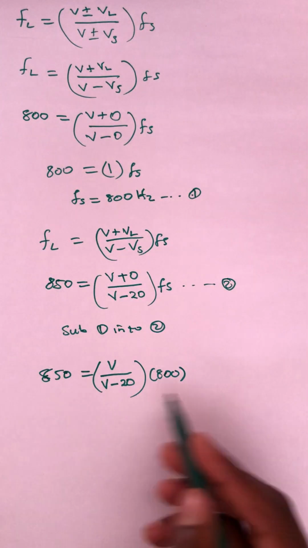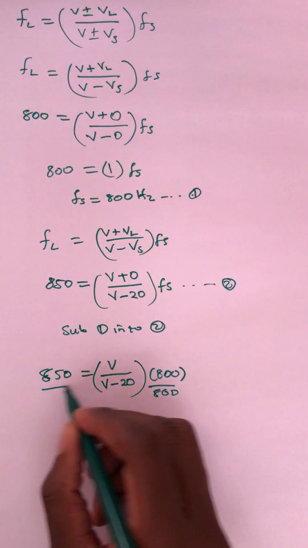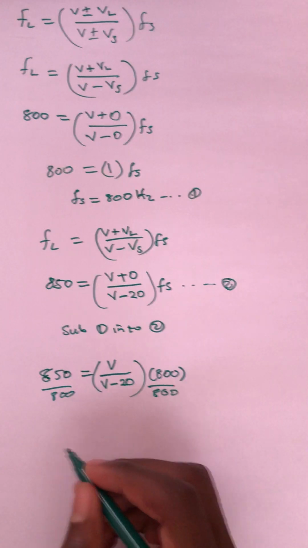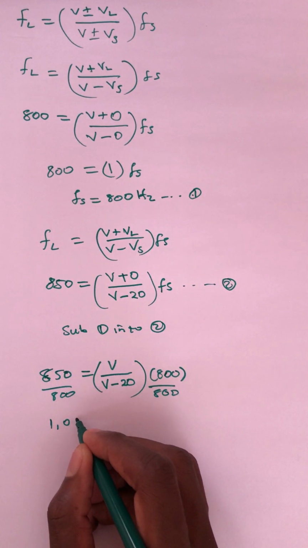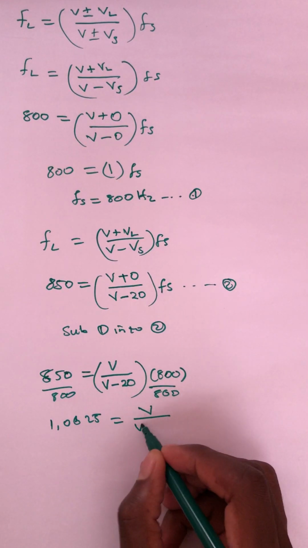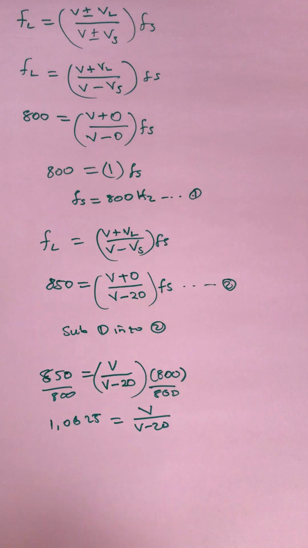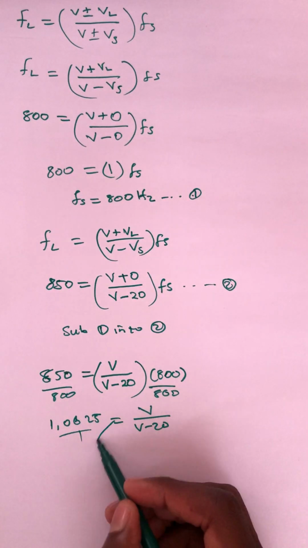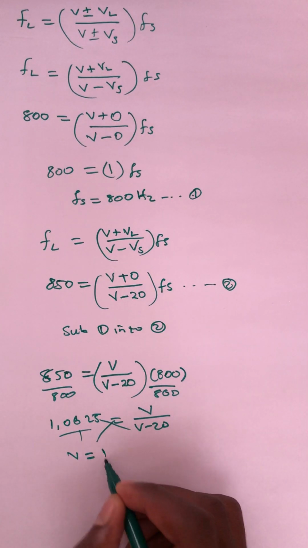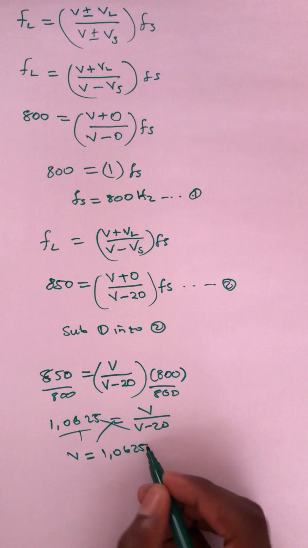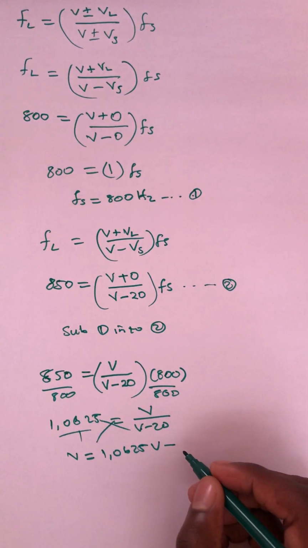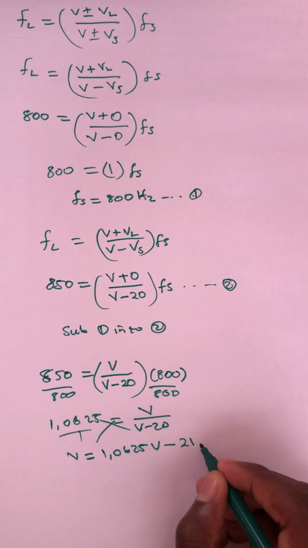Now we divide both sides by 800, so we have 1.0625 is equal to v all over v minus 20. Now we cross multiply, this times that, this times that. So v is equal to 1.0625v, which is this times that, minus 21.25.